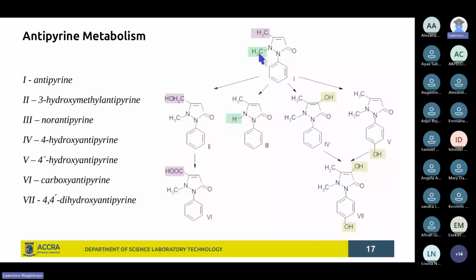what happens. Now, if you look at the first reaction, on the left there, you see on that methyl group, you have some hydroxylation occurring, and so the metabolite which you find there is 3-hydroxymethyl antipyrine.